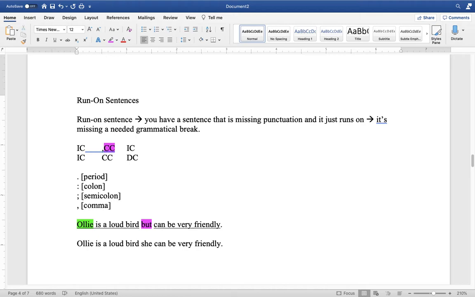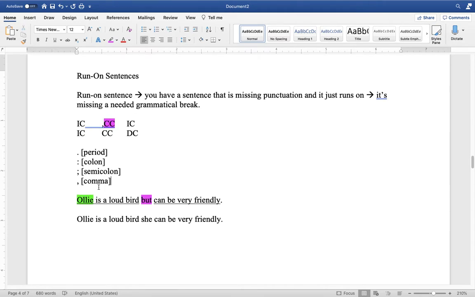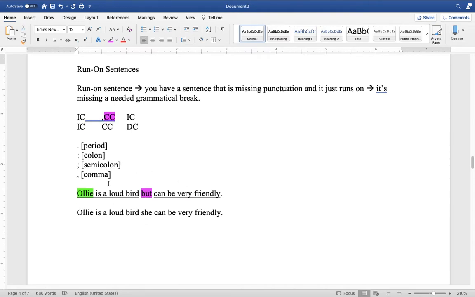independent clauses and independent clauses, or independent clauses and dependent clauses. So there is a hierarchy to the most kind of stop you can do and the least kind of stop you can do.